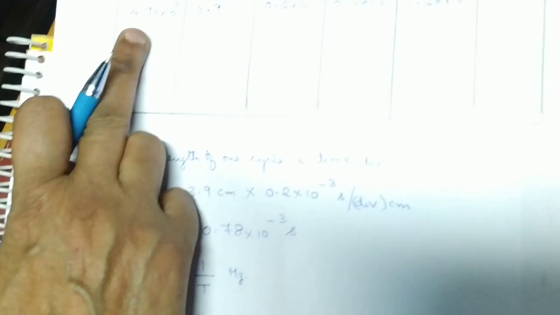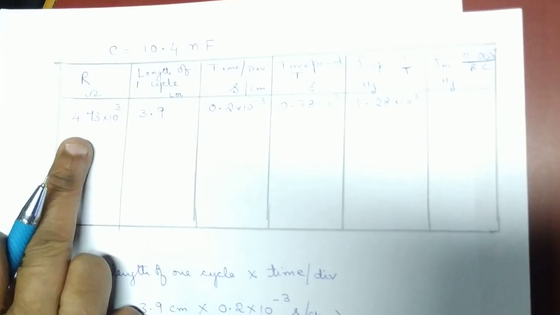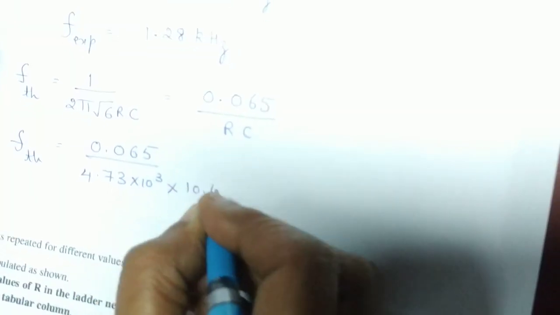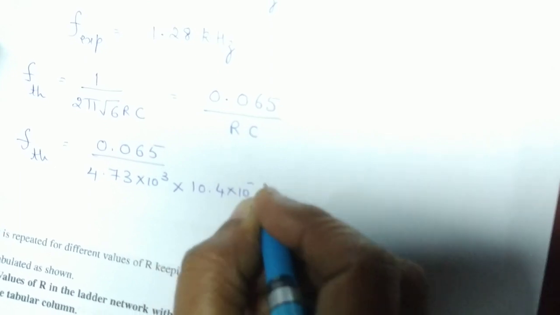So, the theoretical value of frequency: 0.065, R is 4.73 kilo ohms, 4.73 into 10 to the power of 3. C is 10.4 into 10 to the power of minus 9 farad.